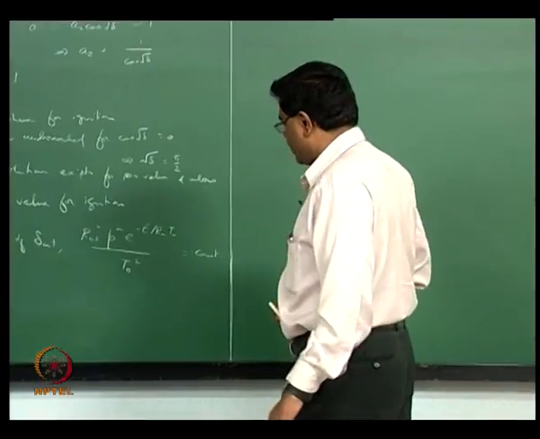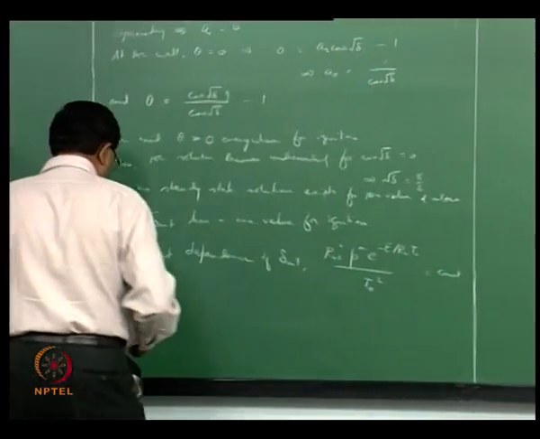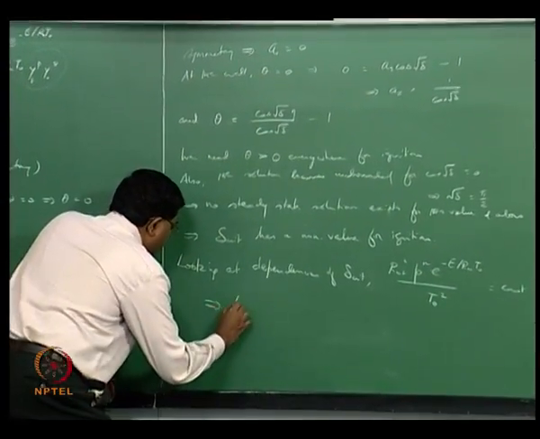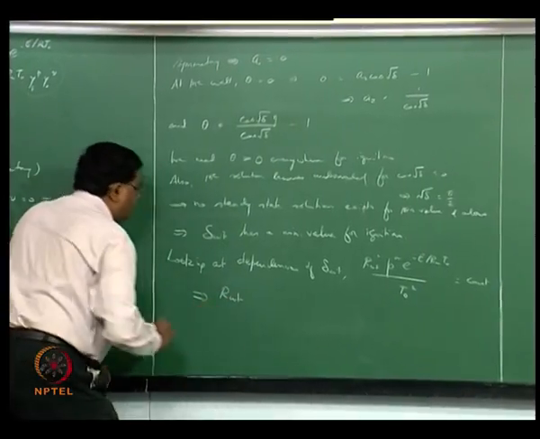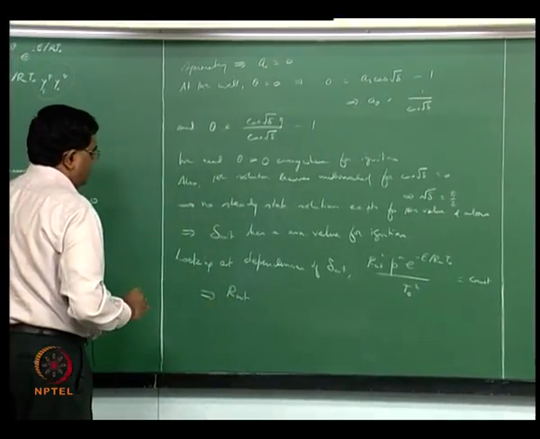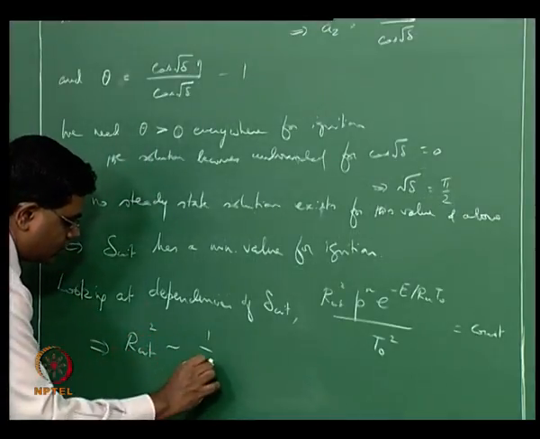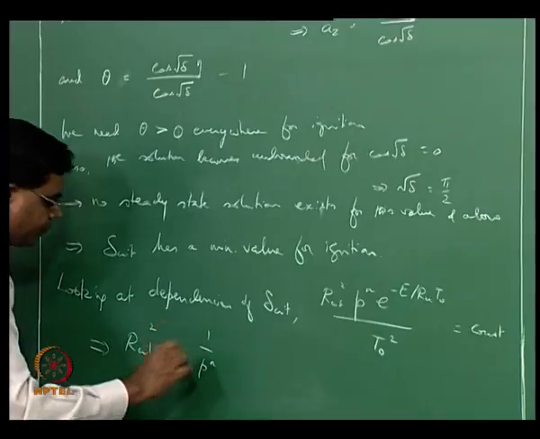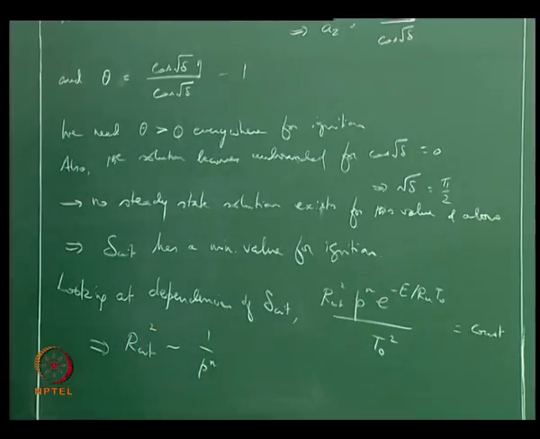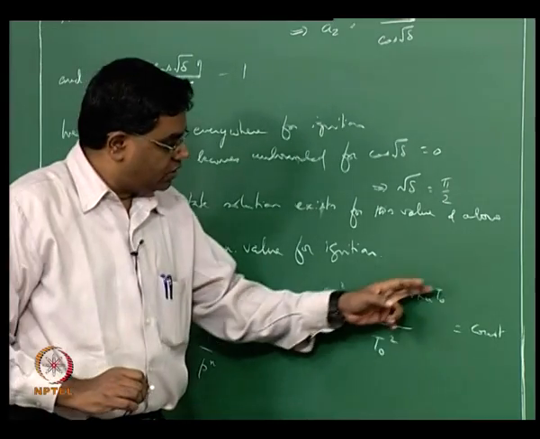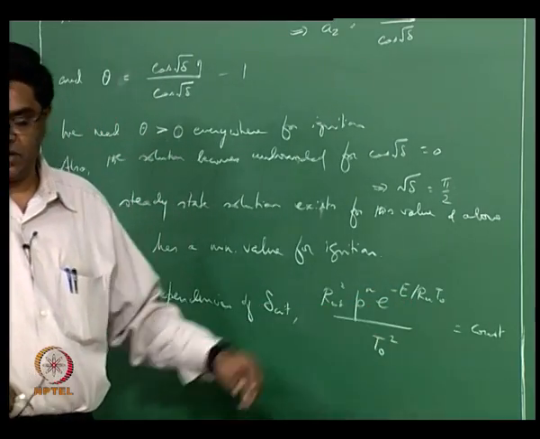So here what we can see is that R crit squared goes as 1 over P to the n, keep that in mind. And also you have a slightly complicated T naught dependence. Okay.